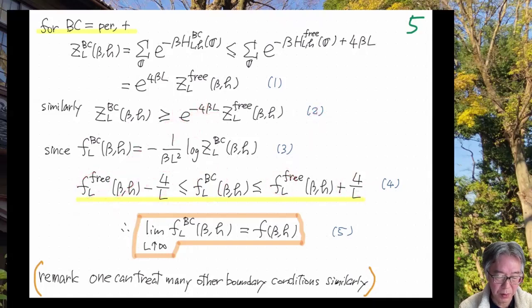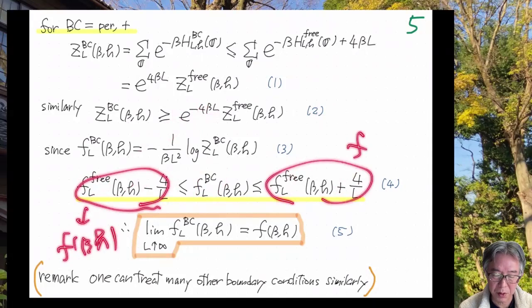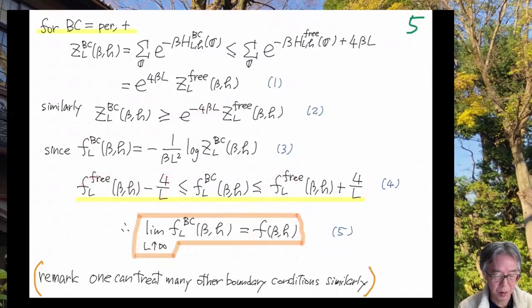So in the infinity limit, this left hand side converges to f beta h, and the right hand side converges to f beta h. And of course, then the limit of this thing must be f beta h. Okay, so this is a proof of the independence of the infinite volume limit of the free energy on the boundary conditions.